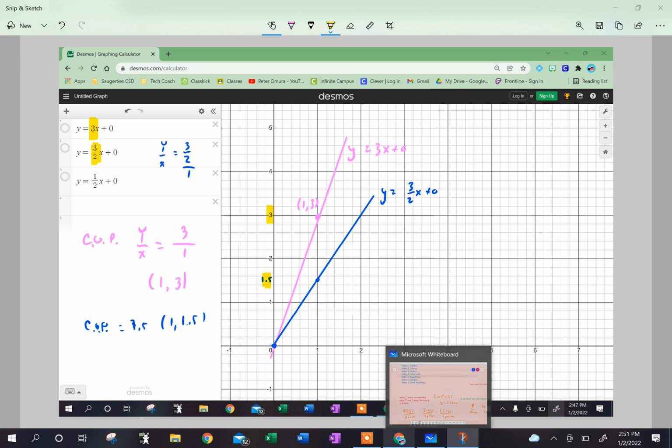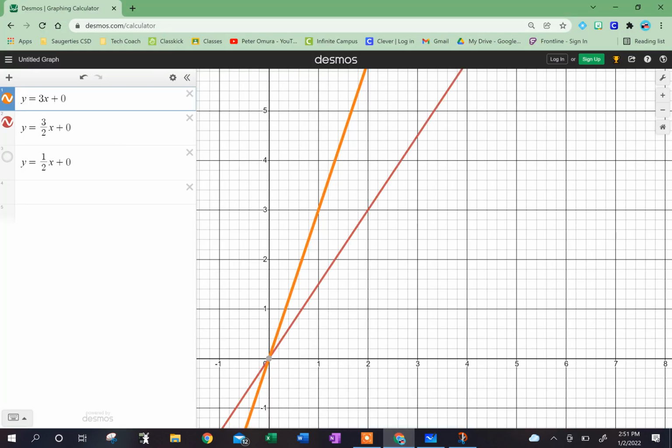I'll go back over here. Let's turn this on, and sure enough, at 1 and 1.5, there it is. So our last one here is y equals 1 half x.